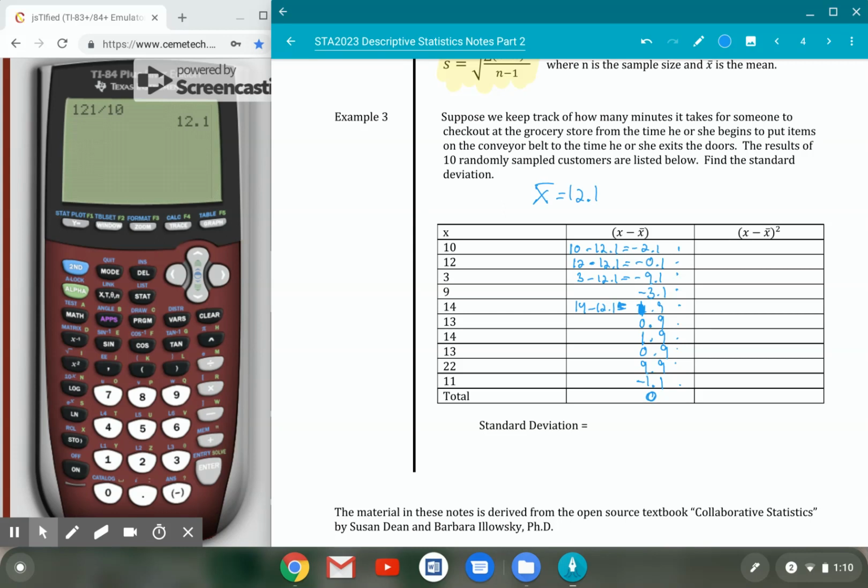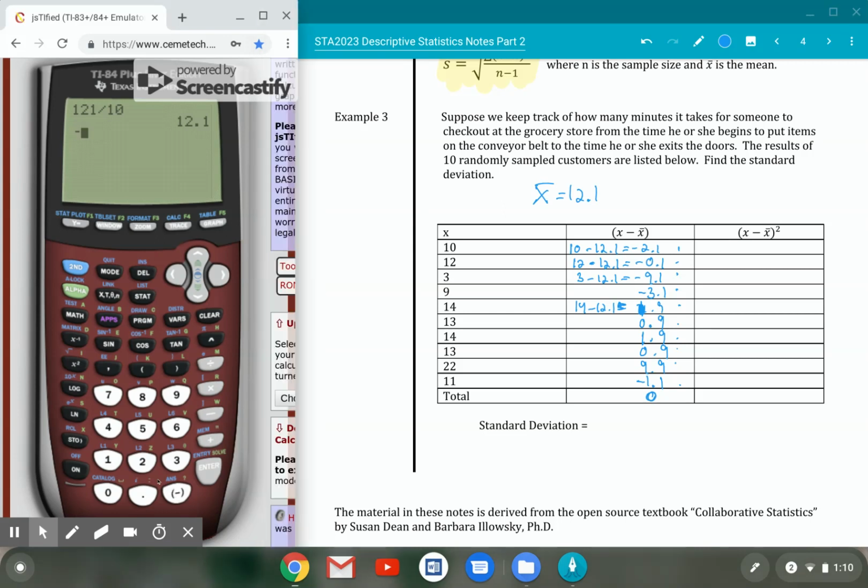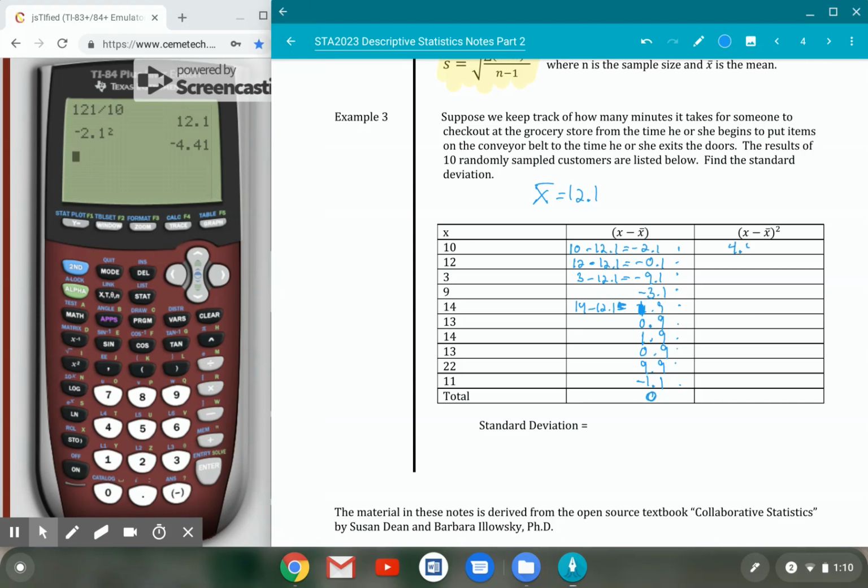So I'll move to that negative 2.1 and I'll square. So I'll say negative 2.1 and then square that. Now notice on the calculator I get a negative 4.41. That's not right. Negative 2.1 squared is a positive 4.41. You're squaring negative 2.1.